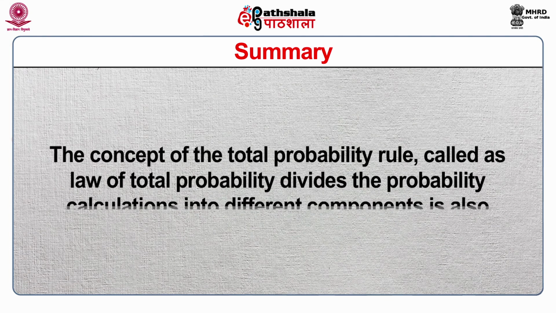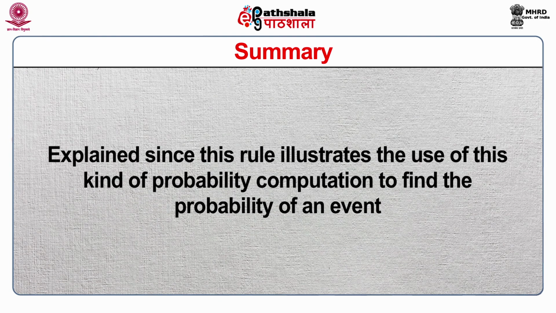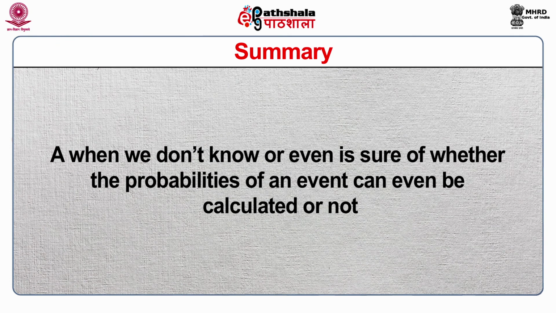The concept of the total probability rule, called the law of total probability, which divides the probability calculations into different components, is also explained, since this rule illustrates the use of this kind of probability computation to find the probability of an event A when we don't know or are not even sure whether the probabilities of the event can be calculated or not.